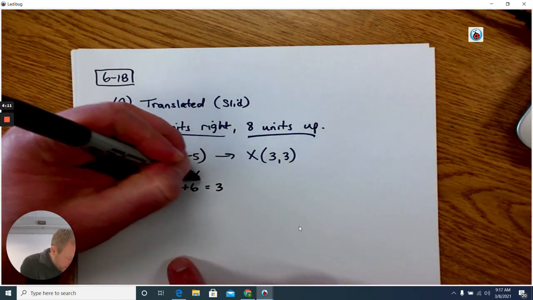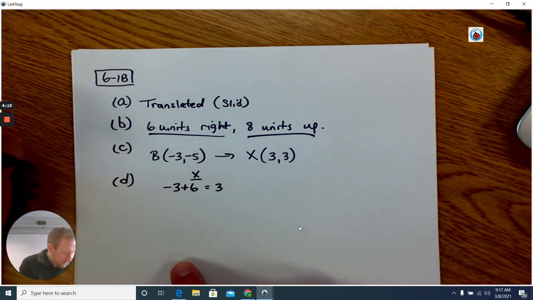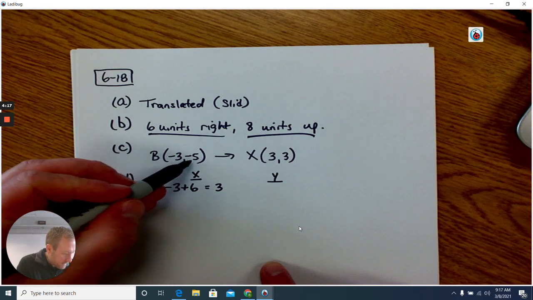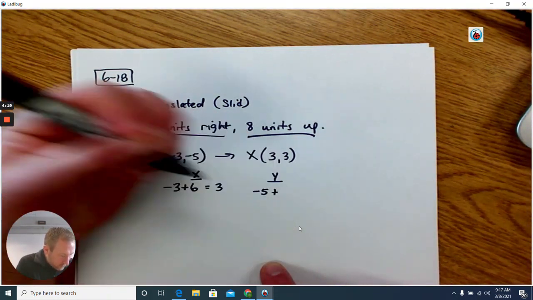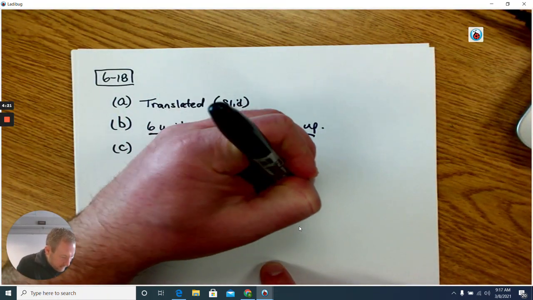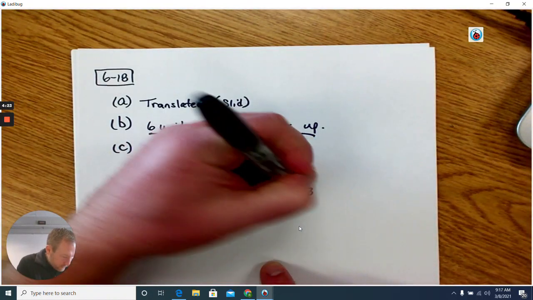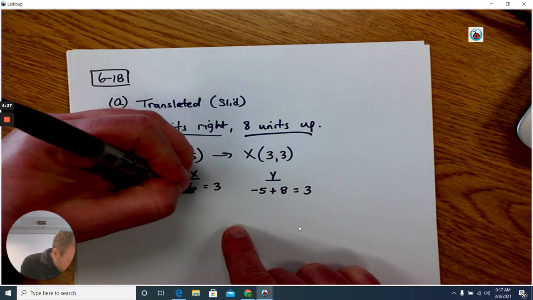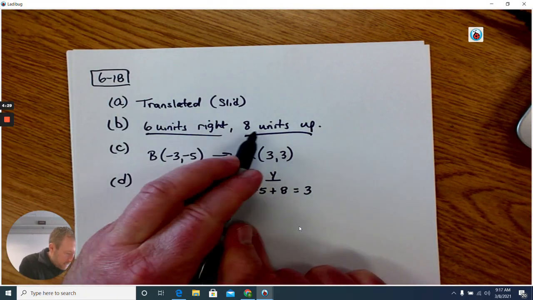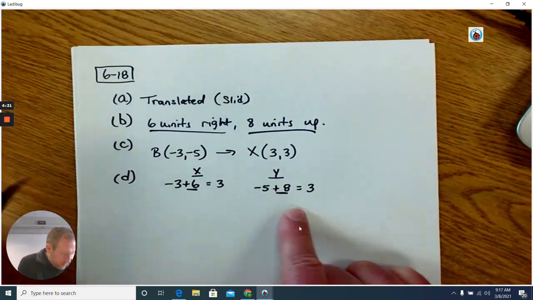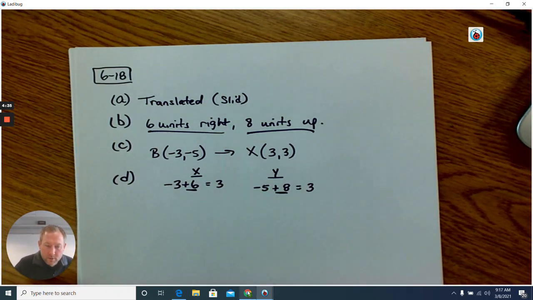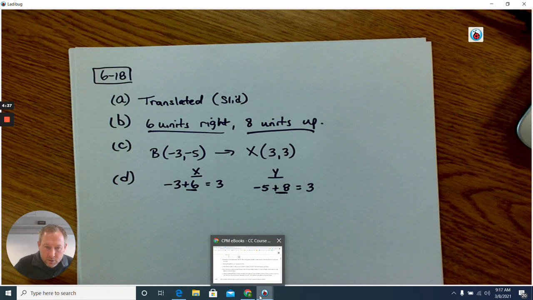This was the x movement. And the y movement was negative 5 plus 8 equals 3. So notice, 6 units right is plus 6. 8 units up is plus 8. So keep that in mind when we're creating these transformations.